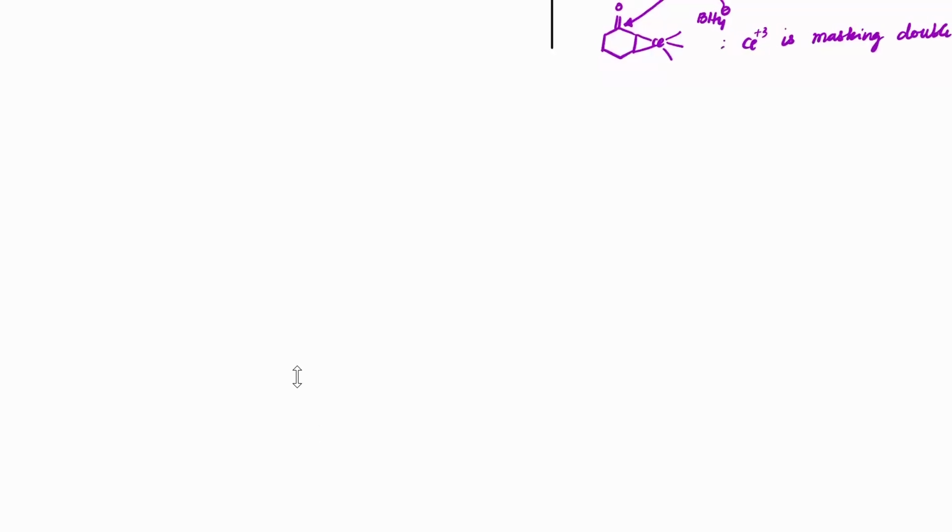Okay, the next case is called cinnamic systems. Cinnamic system is when you have benzene with CH double bond CH, C double bond O H. This is called cinnamaldehyde.